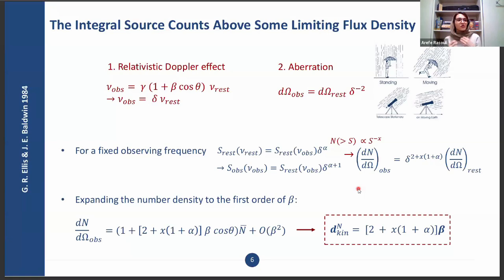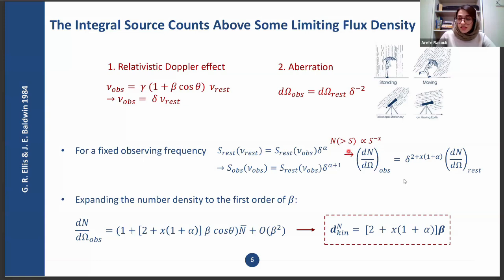But before that, I want to introduce two physical effects that will create a kinematic dipole in the distribution of galaxy sources. First, we have aberration, which will cause a concentration of sources in the direction of our velocity. And then we have the relativistic Doppler effect, which will modify the observed frequency in this way. Then by applying the conservation of photon number and rewriting the flux density, we can find the relation between the observed number density of sources and the number density of sources at rest.